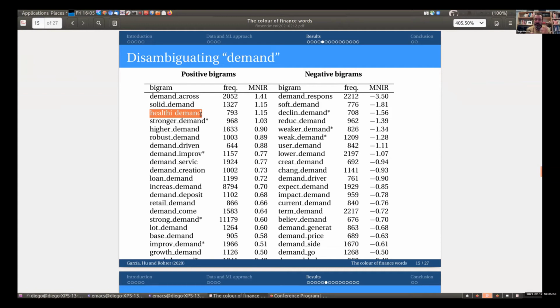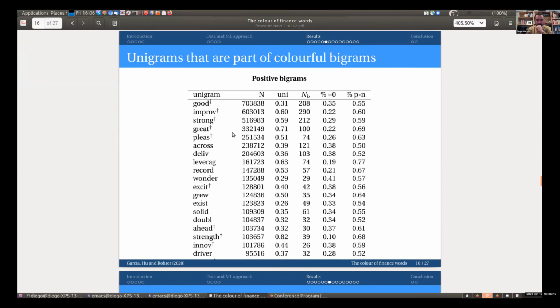These bigrams are able to disambiguate and color the token demand in different ways. Demand is a good example because about half of the tokens are positive and half are negative in the fitted model. And you can read through this and say, well, maybe this is picking up something that Loughran and McDonald didn't pick up.